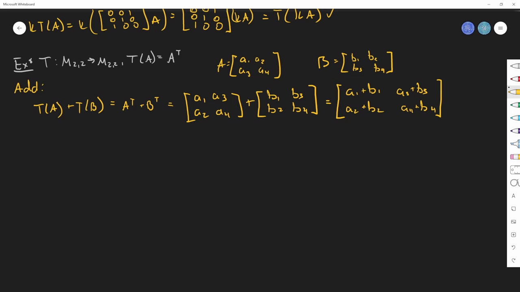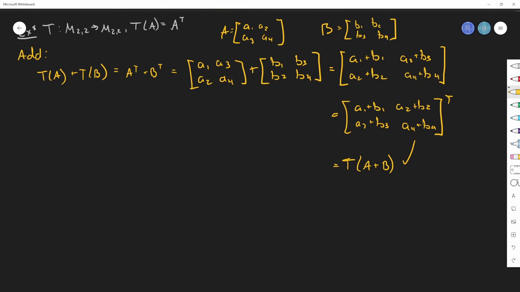But hello, this is the same thing as A1 plus B1, A2 plus B2, A3 plus B3, A4 plus B4, but taking the transpose of it. Whoa. Which means that this is the same as the function T of A plus B. So this is closed under addition.